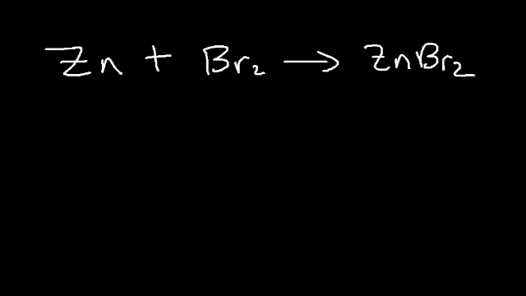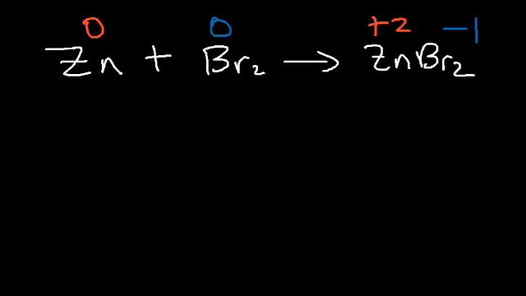The oxidation state of any pure element is always 0. In zinc bromide, we know that zinc has a +2 charge. Elemental bromine has an oxidation state of 0. But bromide in zinc bromide individually has an oxidation state of -1, because bromide typically forms a -1 charge.